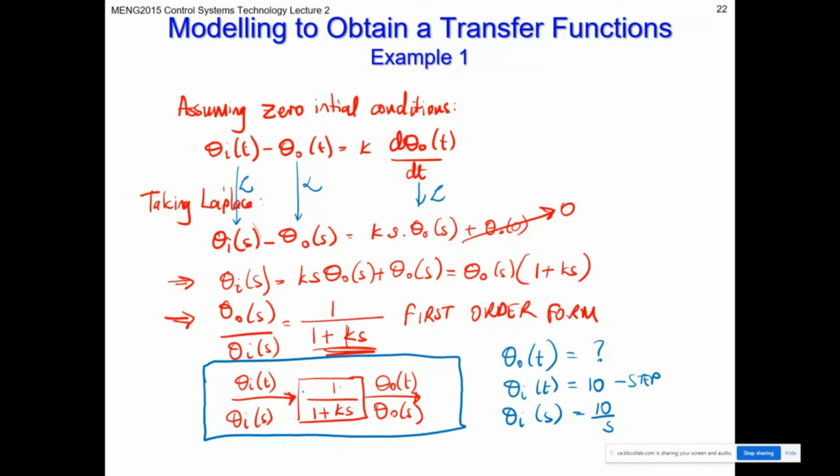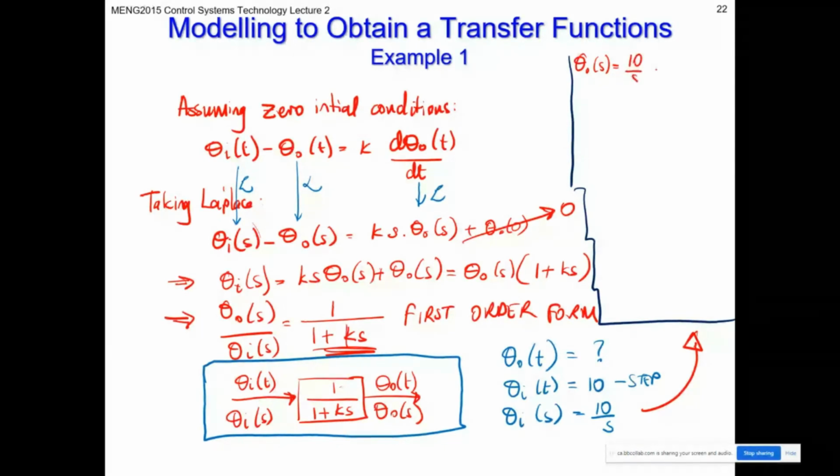We know what our transfer function is, so we can multiply input by our transfer function to give us our output. We've got our input, so that means our output is going to be 10 upon s times our transfer function, 1 upon 1 plus ks.